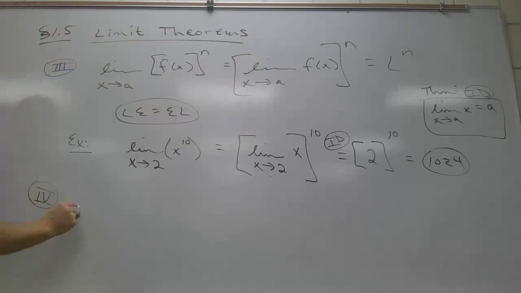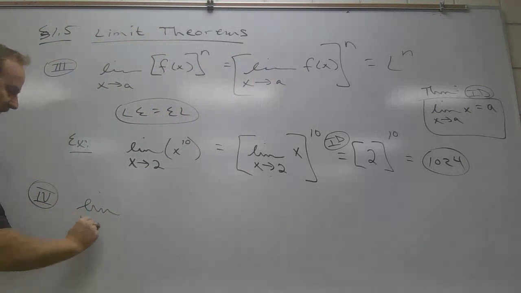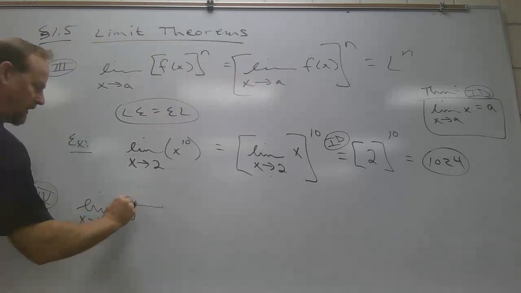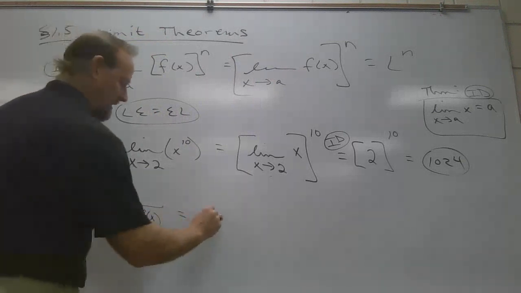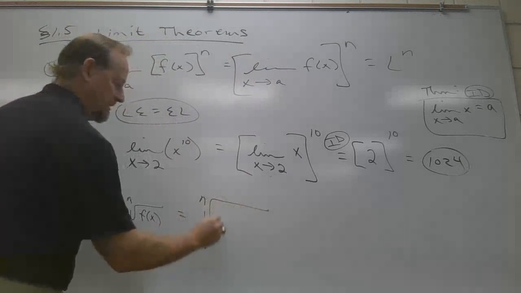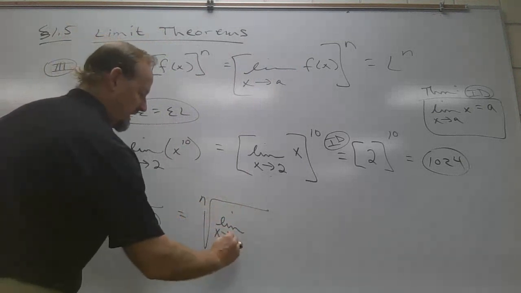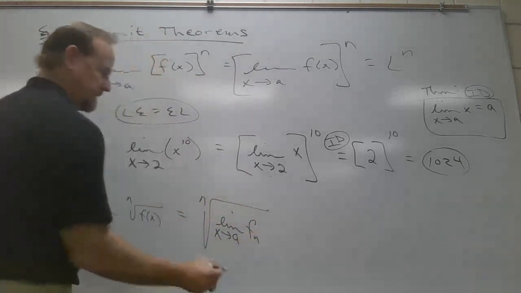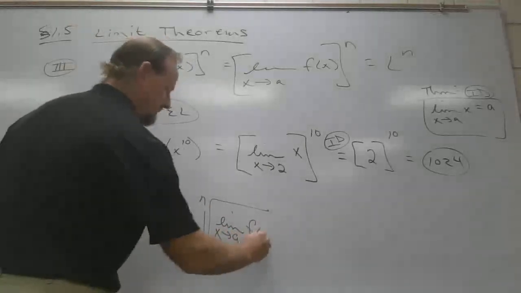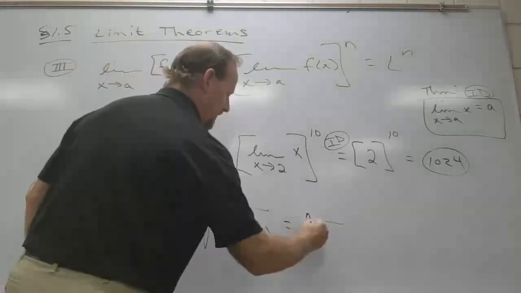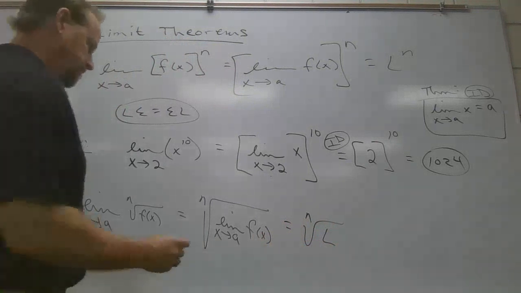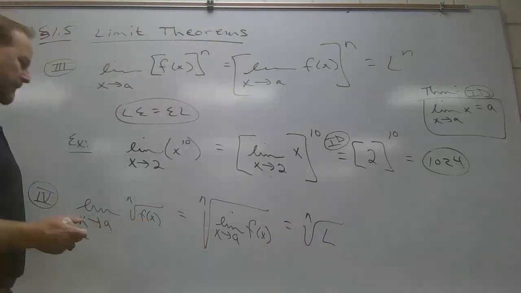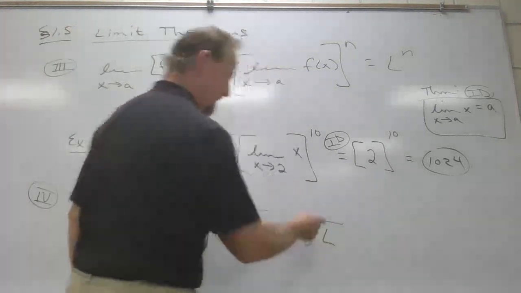So we have another one. If I have the limit as x approaches a of the nth root of f of x, well, very similar. This is going to be the nth root of the limit as x approaches a of f of x, which is going to be the nth root of L. Okay, so if the limit as x approaches a of f of x exists and equals L, we're going to have the nth root of L if it exists, if you can do it.